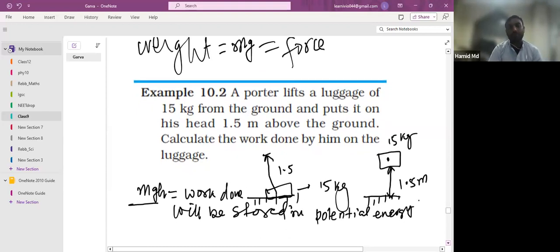So now put in the values of the parameters and calculate the work done. Put the mass, acceleration due to gravity, and height.